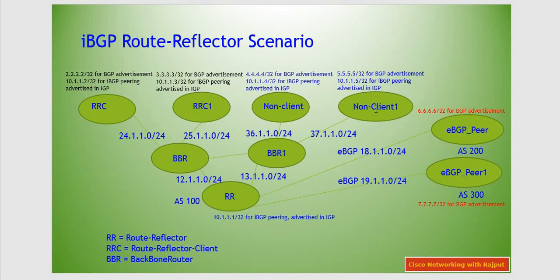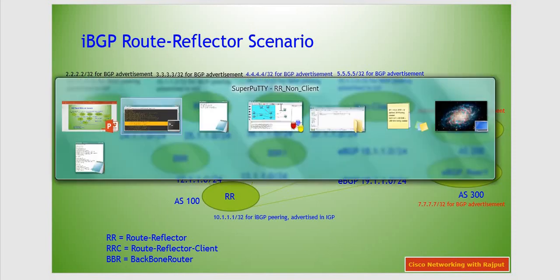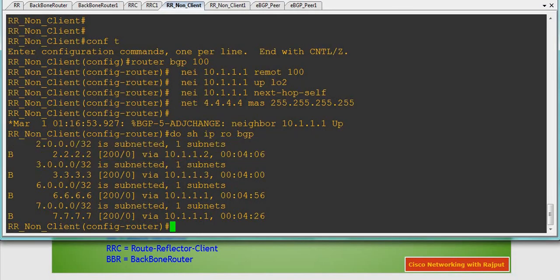But what is missing on the non-client is that we have two non-clients. One is advertising 4.4 and another one is advertising 5.5. So we are checking on the non-client and we do not see any route for 5.5. So that simply means the BGP rule of split horizon works in this case.